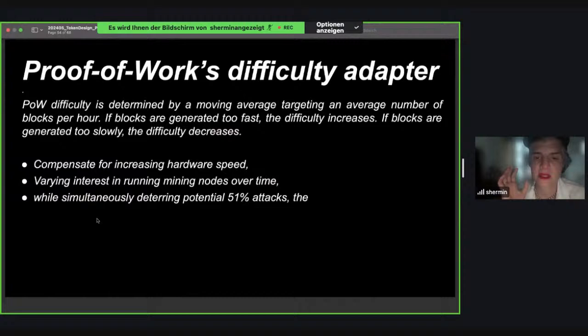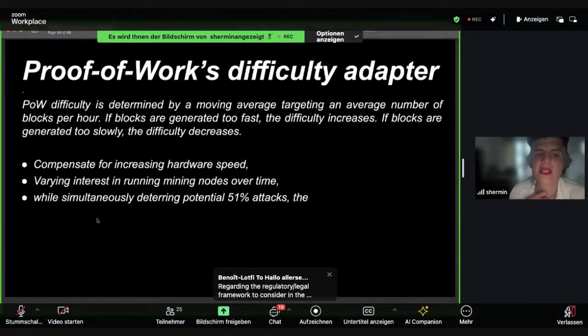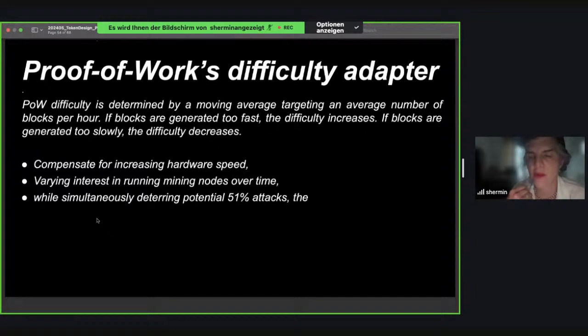So this was a far-sighted kind of economic design from the get-go, to compensate for potentially increasing hardware speed and varying interest in running a mining node. Because Bitcoin is permissionless, anyone can opt in and opt out at any time. So there is no network capacity planning, because people can just go online and offline at any point in time operating mining nodes.